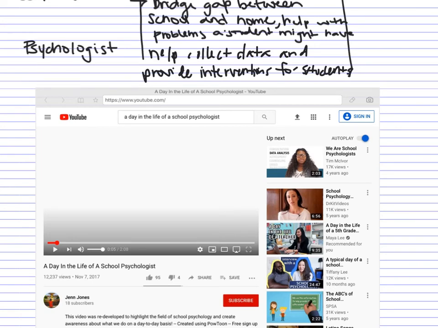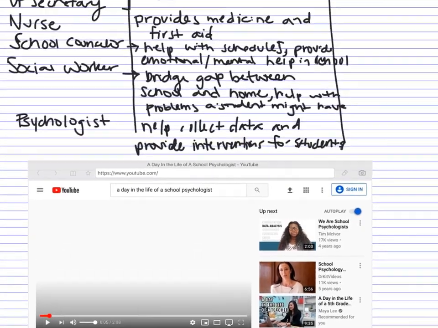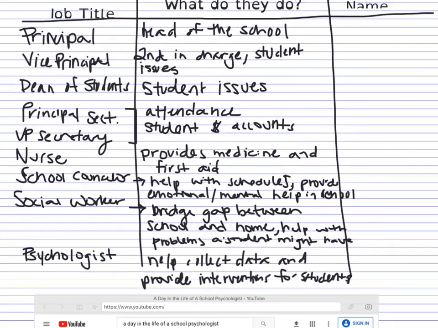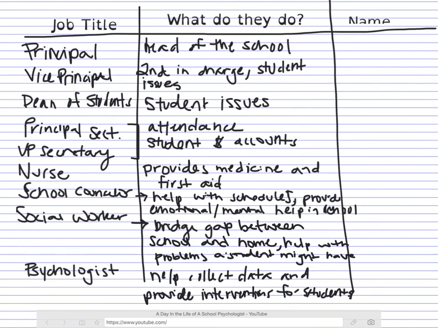Plural, students. So this could look like a couple different things. This could look like interventions. Let's say you're struggling in math. This could look like you going to a special math class in addition to your regular math class. This could also look like an intervention that might just help you transition if you're having a problem in another area of your life, not just academically.